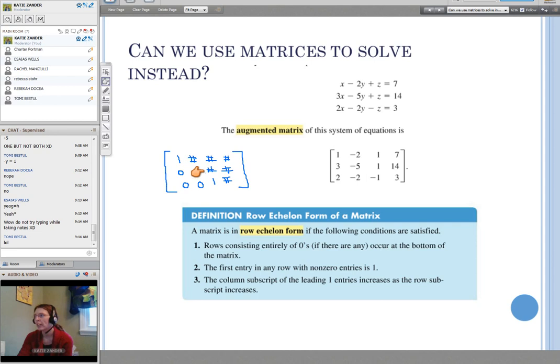And then you can backtrack and use substitution. These numbers are just the coefficients in front of the variables, right? So you can use row echelon form to get to that substitution piece and work backwards from there to solve for the other variables.